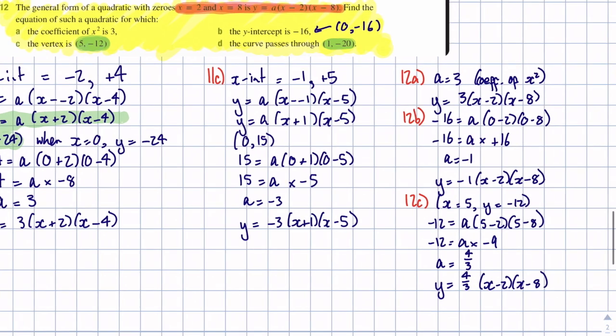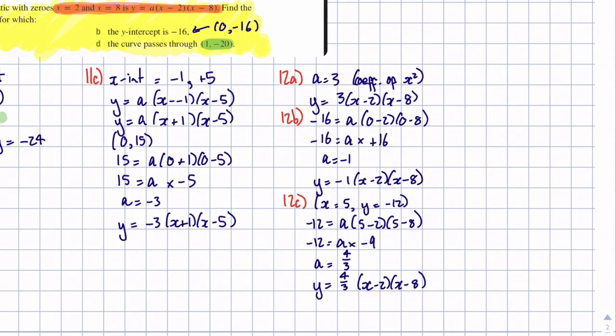We're going to do 12d the exact same way, but I'm going to do it up here because I can't fit it in. Here we know the point we're subbing in is x equals 1, y equals -20. So we can say -20 equals a outside of (1 take 2)(1 take 8).